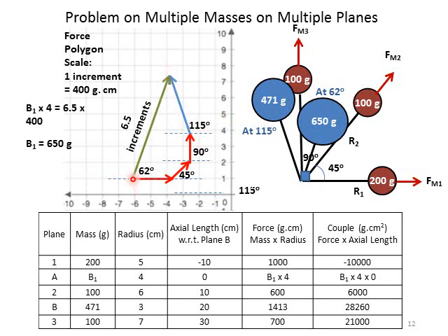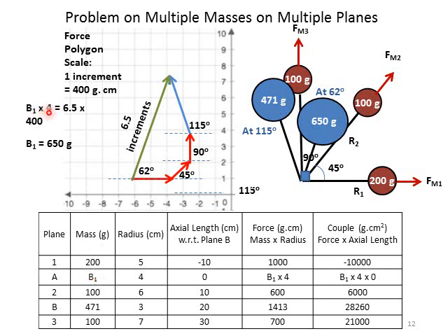To close the polygon, we will draw an arrow from the tail of the first to the head of the last. The magnitude of this arrow represents the force produced by the balancing mass B1.